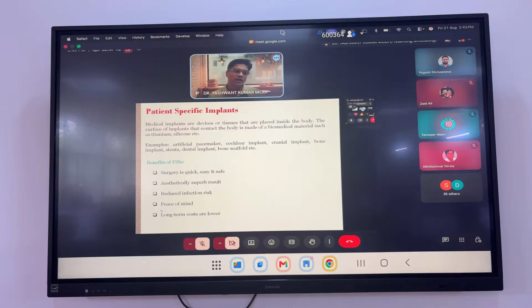Long-term costs are lower, especially in case of patient-specific implants, because they fit properly onto the anatomical shape of the patient body. If it is your own implant, then the implant will be very much conforming to the existing shape of the patient's bone.